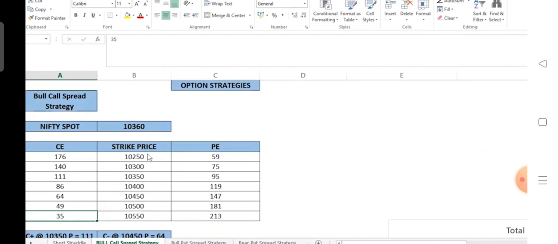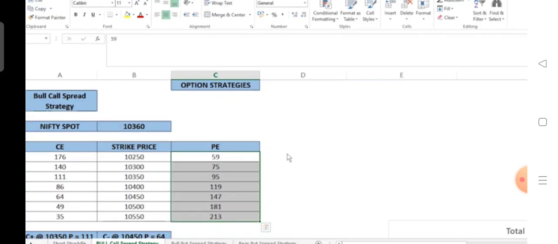As we can see here, there are different strike prices listed from 10,250 going up to 10,550 rupees. There are various call premiums in this column, and these are the various put option premiums of different strike prices.